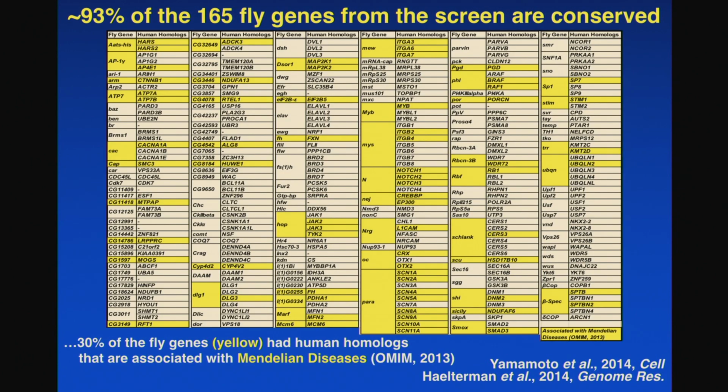And by doing that systematically, and sequencing all these fly strains and rescuing them all, we were able to identify 165 genes. About 33% of those, the human homologs were already annotated in the OMIM database, and are shown in yellow here. We were clearly on the right path. Most of these are neurological disorders, but not all of them.